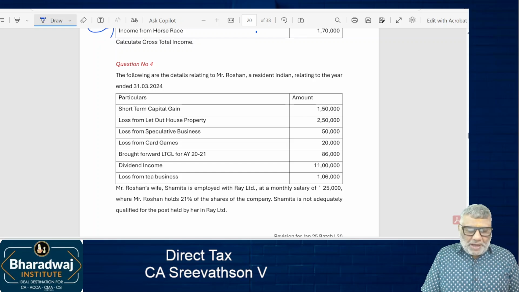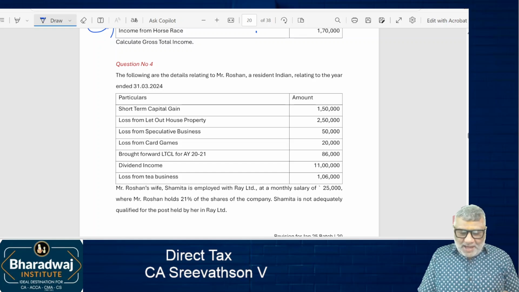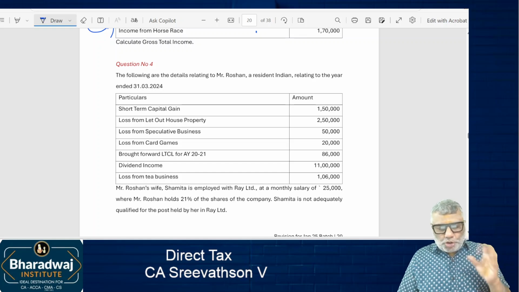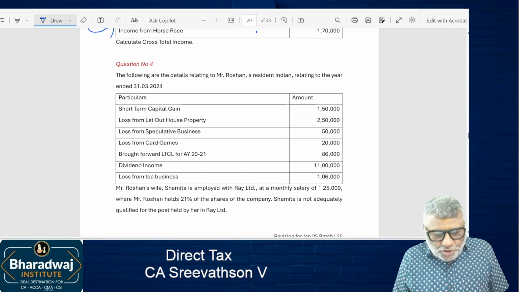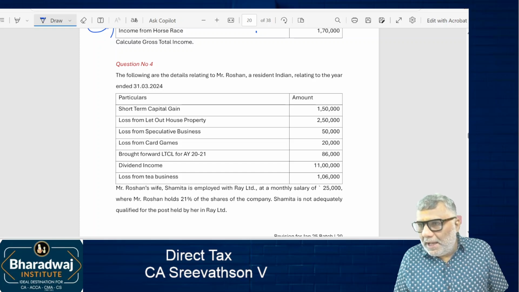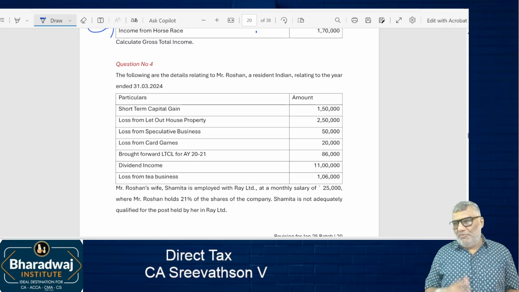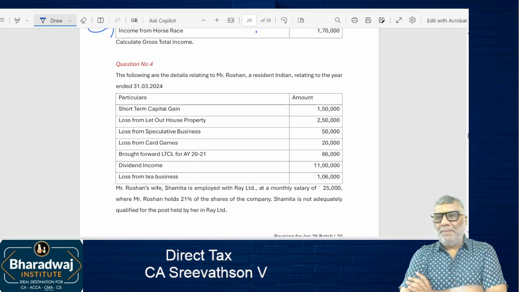Mr. Roshan's wife is employed with Ray Limited at a monthly salary of 25,000, where Mr. Roshan holds 21%. Shamita is not adequately qualified for the post held by her in Ray Limited, which means clubbing. What is the provision?